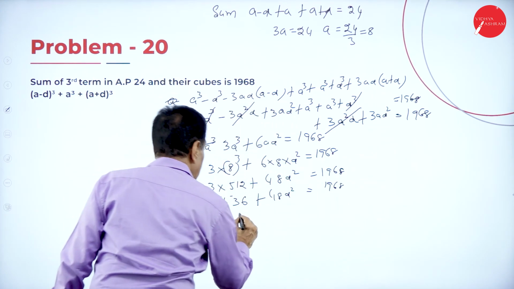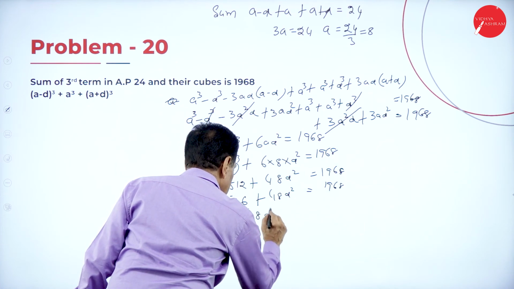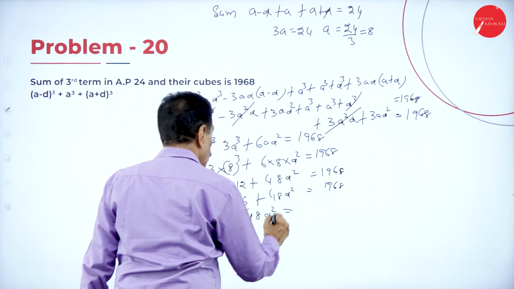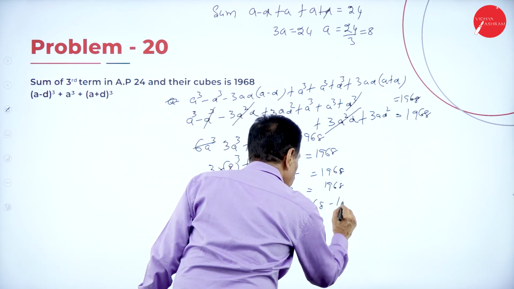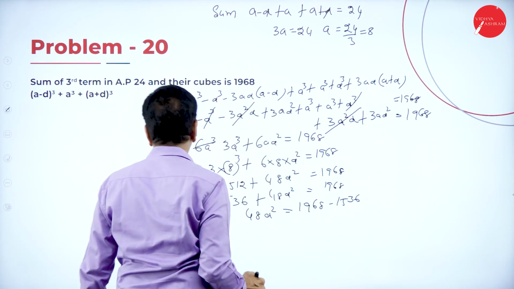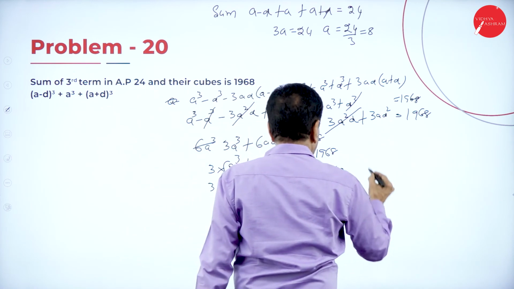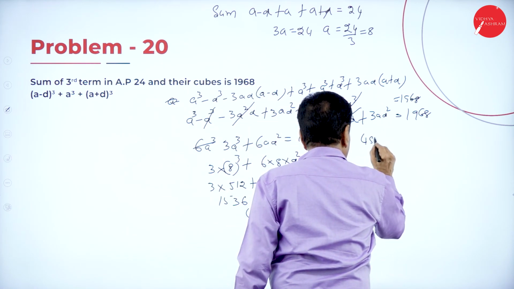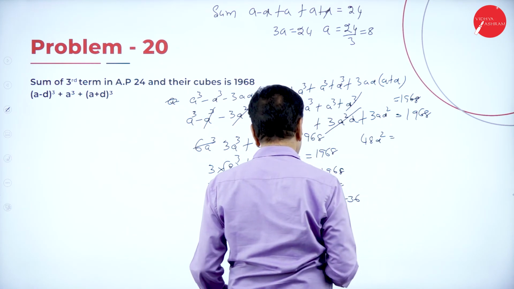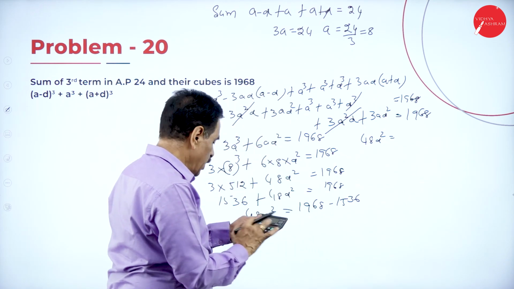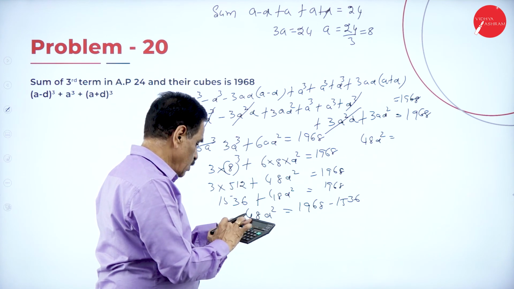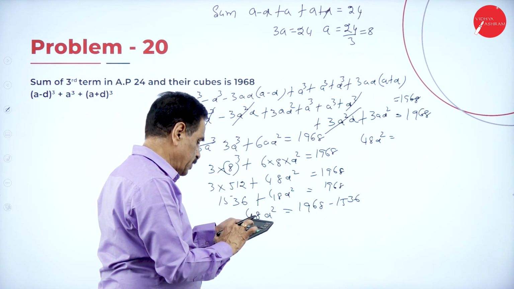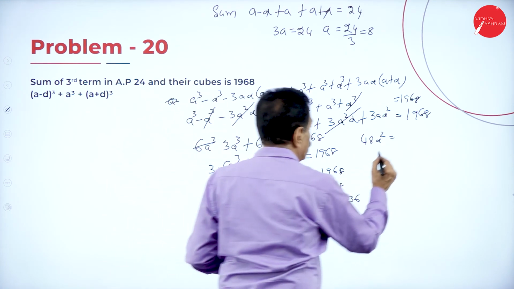So 48 D square is 1968 minus 1536, which is 432.